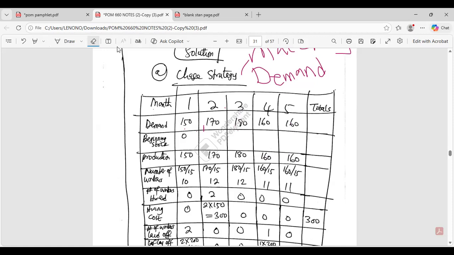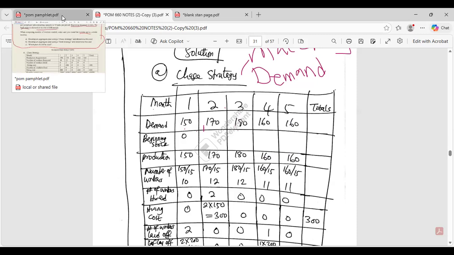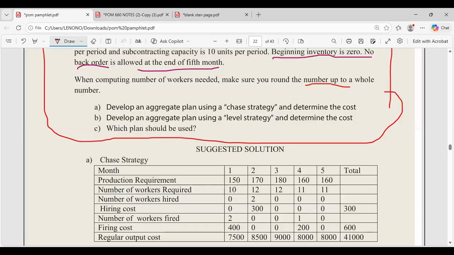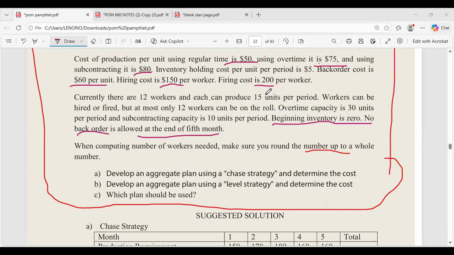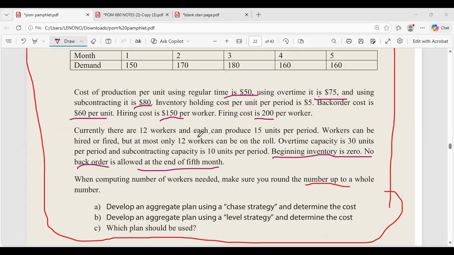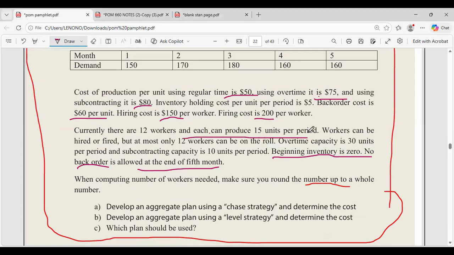Now, one person is producing how many units? From the question, you read here, how many units is one person producing?